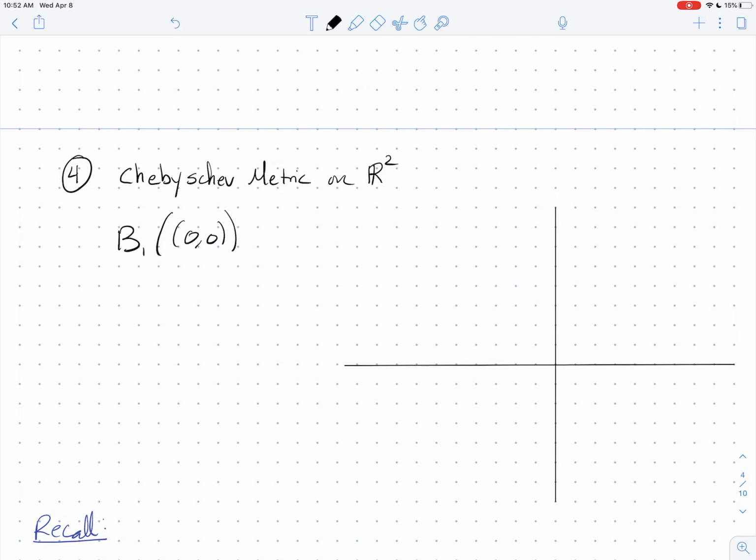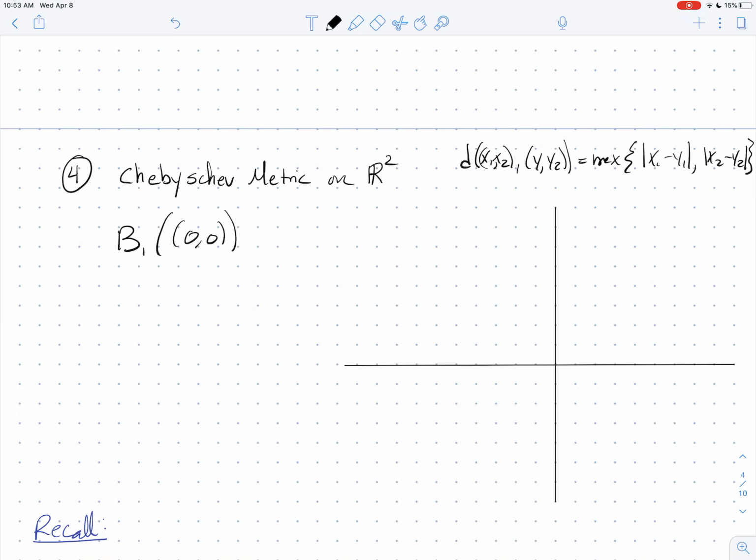Okay, so let's remind ourselves how the distance works. The distance between (x1, x2) and (y1, y2) is the max of the absolute value of x1 minus y1, and the absolute value of x2 minus y2.